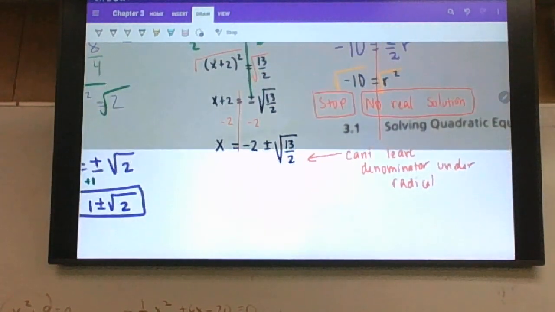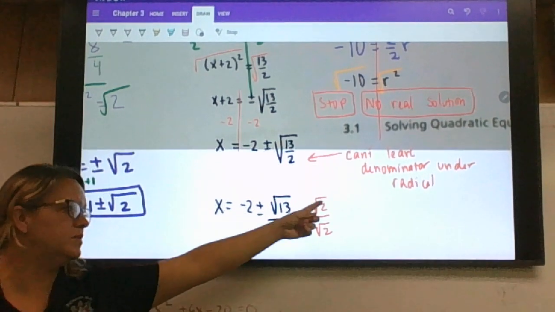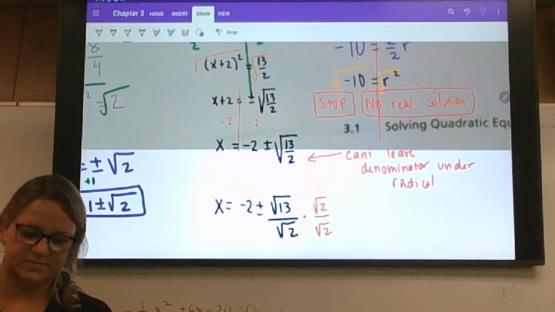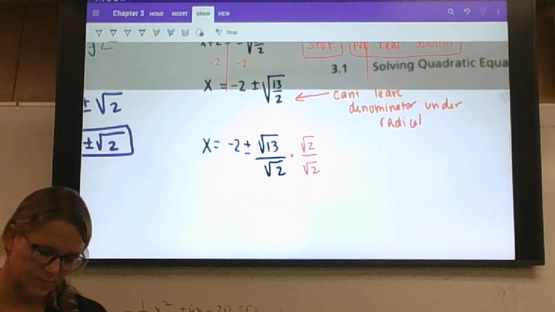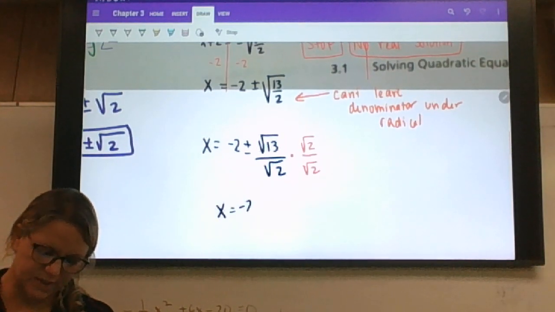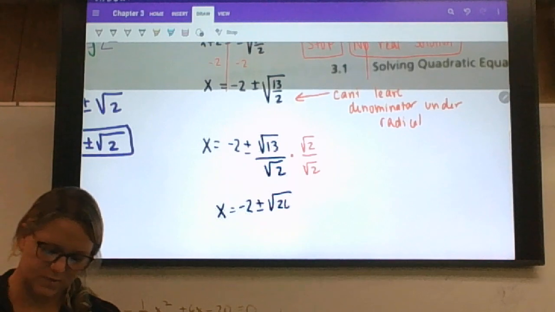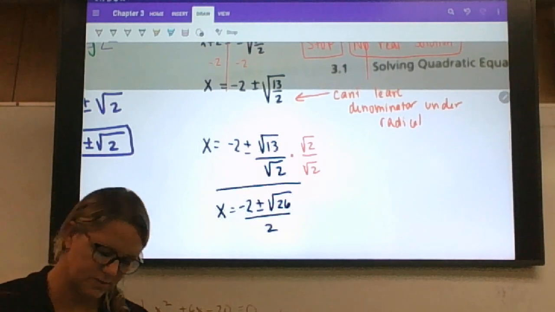So, we take that 13 away. I'm fine with the 13, whatever. It's the 2 that I have a problem with. I'm so annoyed all 3 of these have been 2, but if that was a different number under there, if that was the square root of 5 under there, I'd be doing 5 here and here. So my answer is -2 plus or minus 26 over 2.